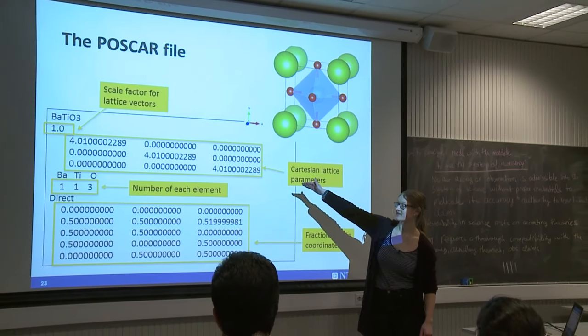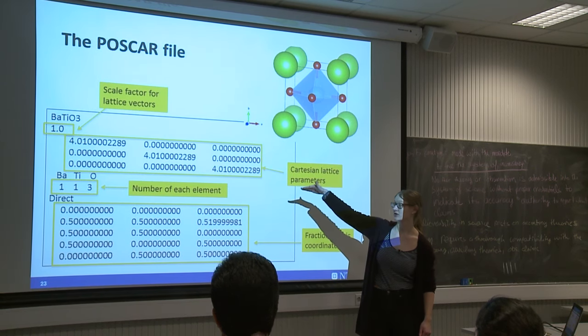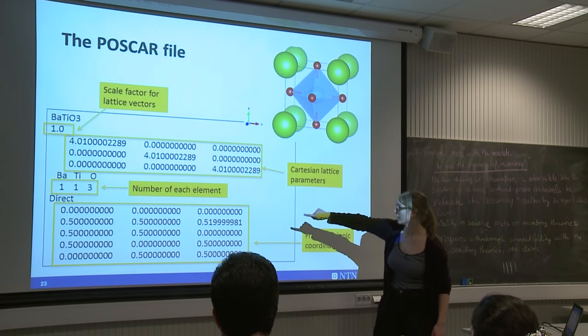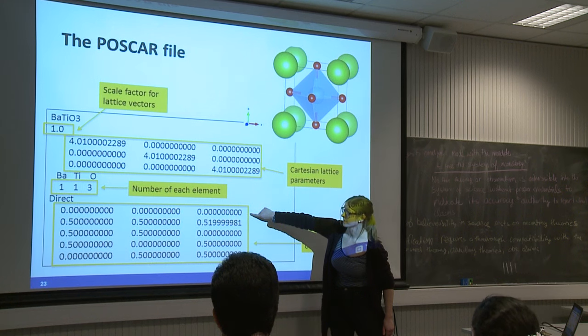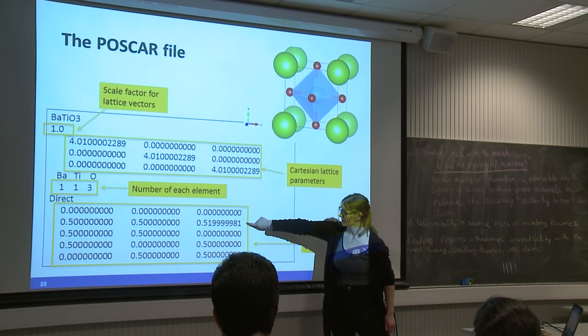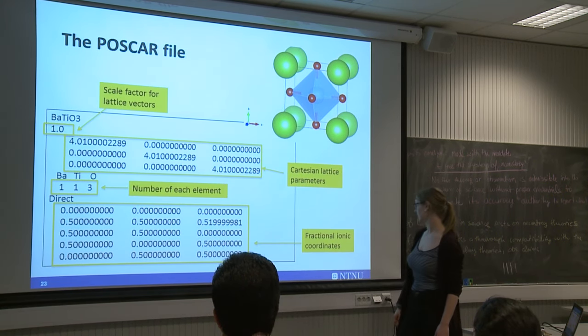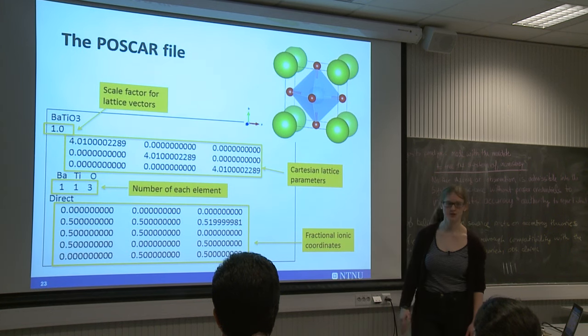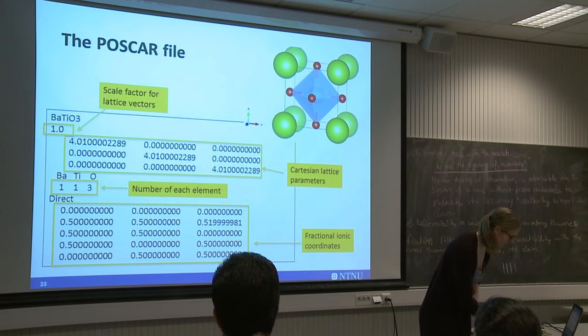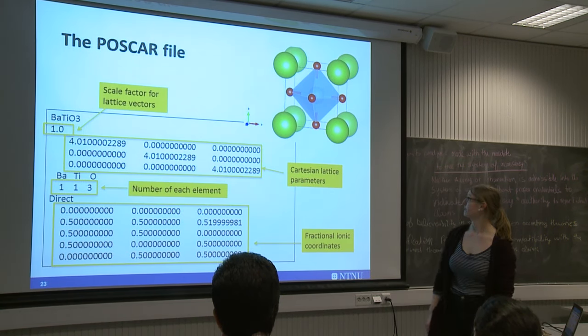So this specifies the elements, and here's the number of each element. The first belongs to barium, the second to titanium, and then we have the 3 oxygen. And this is just the fractional coordinates. So it's very simple.